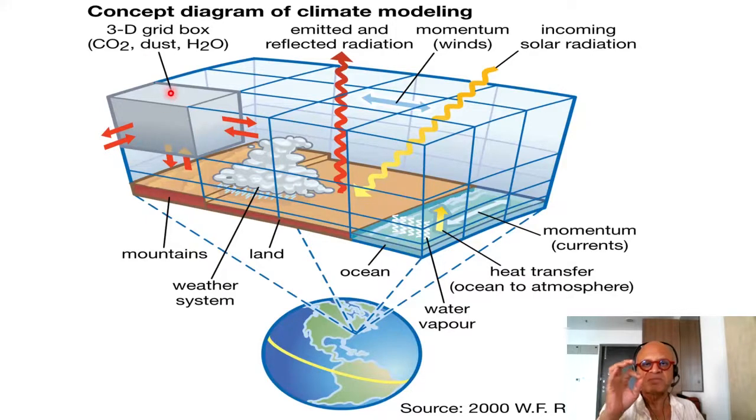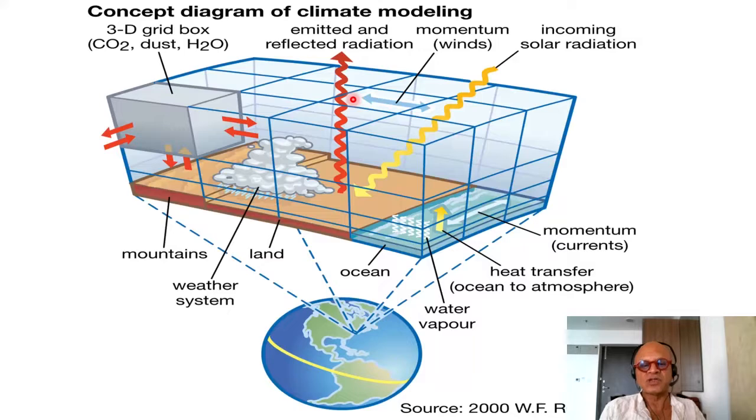So these equations basically keep track of what's going out, what's coming in terms of each variable: momentum, energy, chemistry, dust, water, and so on. Of course we have to do energy balance as well: emitted and reflected radiation, incoming solar radiation, and momentum of the winds, and so on.